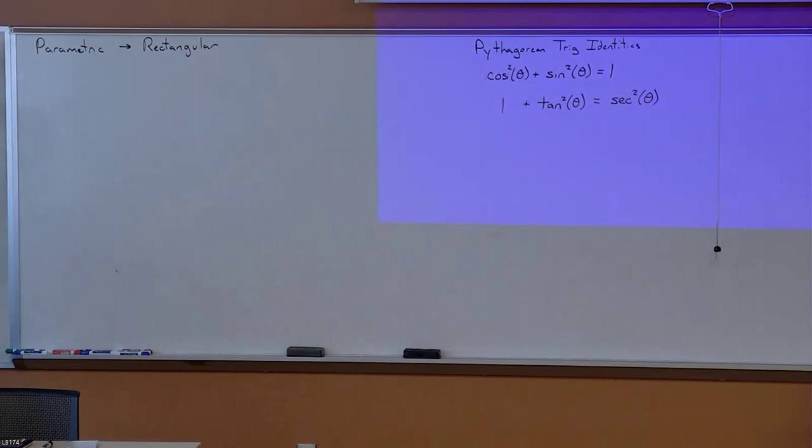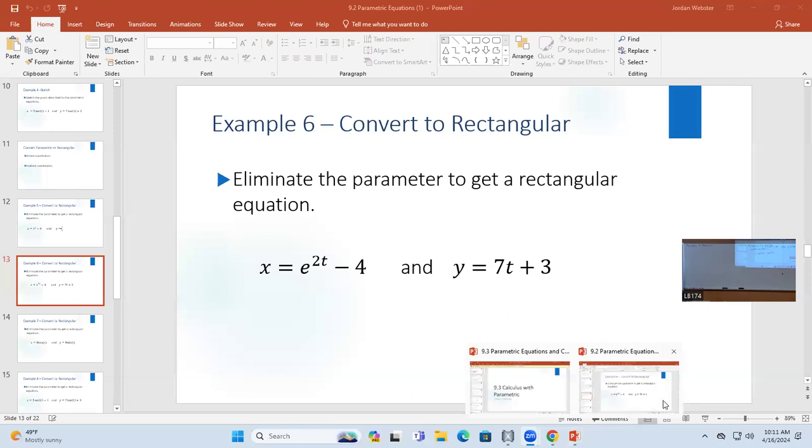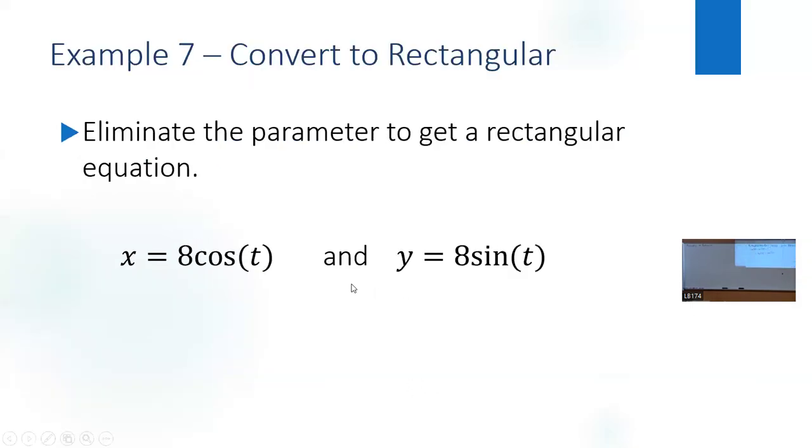So let's take a look at converting from parametric to rectangular using the indirect substitution.